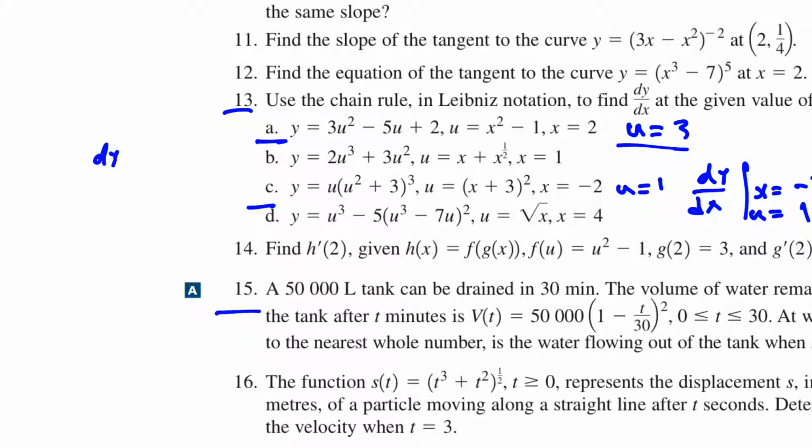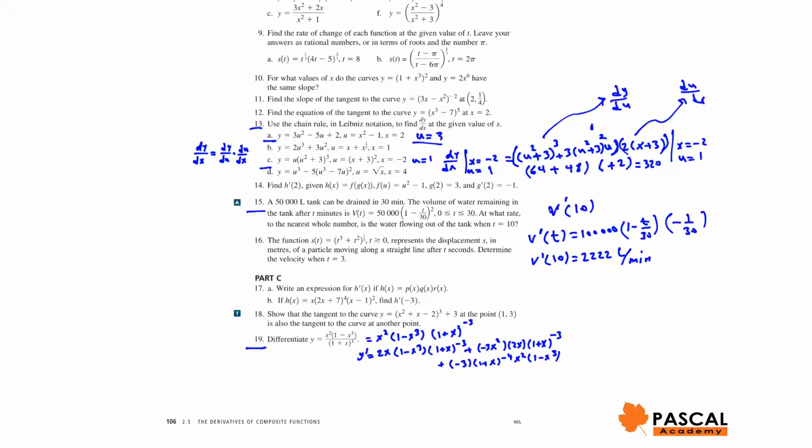We know dy/dx is dy/du times du/dx, the other form of chain rule. We are looking for dy/dx when x is 2 and u is 3. We find dy/du, 6u minus 5. du/dx is 2x. Then we plug in the numbers.